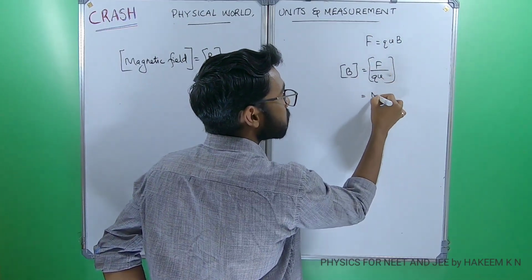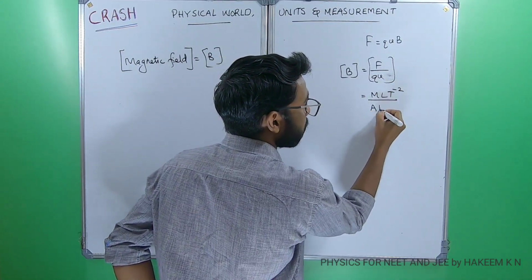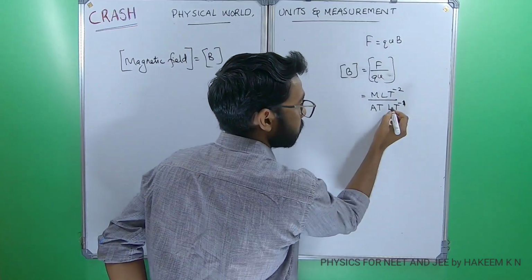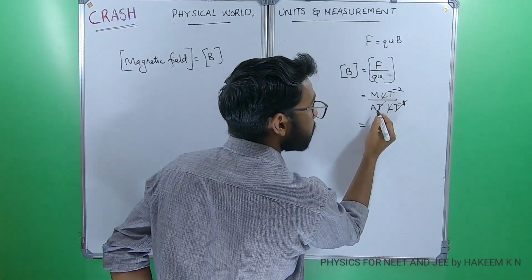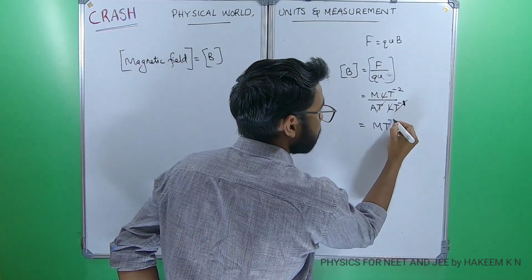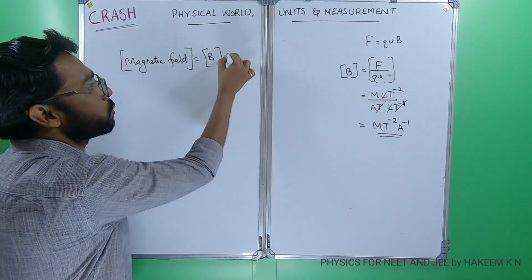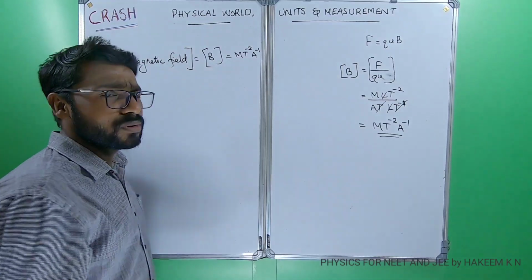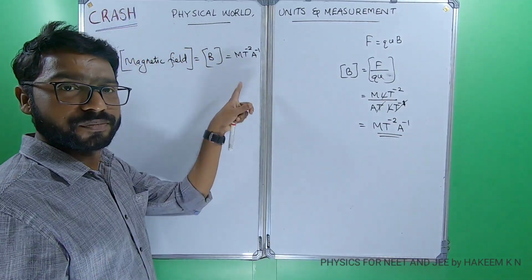Force possesses the dimensional formula MLT power minus 2, charge in the denominator AT, and velocity LT power minus 1. L is cancelled, T is also cancelled. So we get MT power minus 2 A power minus 1. This is the dimensional formula of magnetic field.